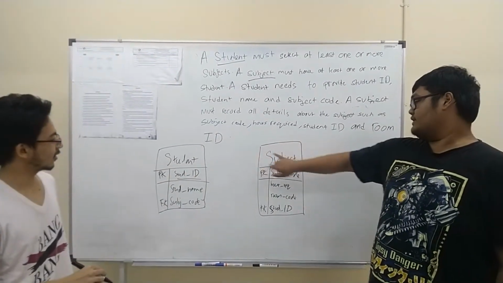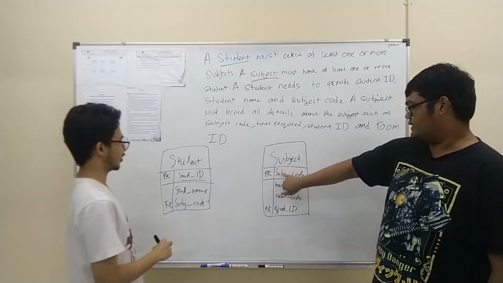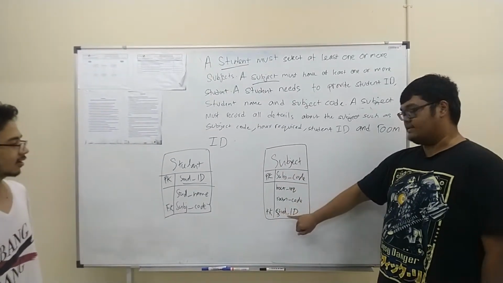Same as student, we have to have the primary key, which is the subject code, and then the foreign key, which is the student ID.